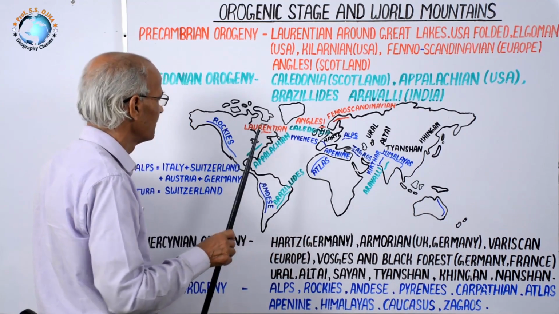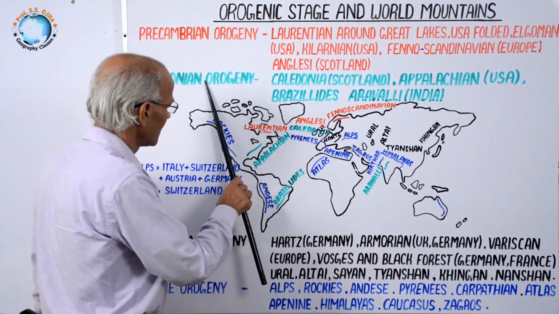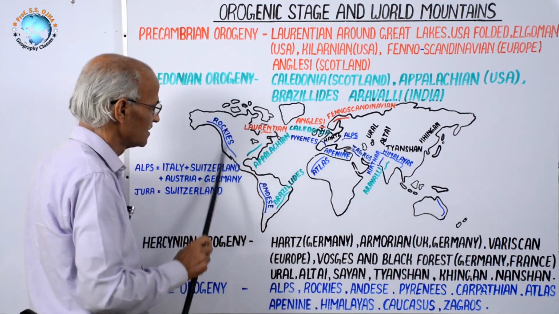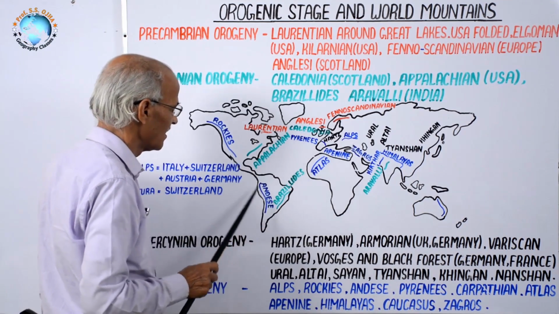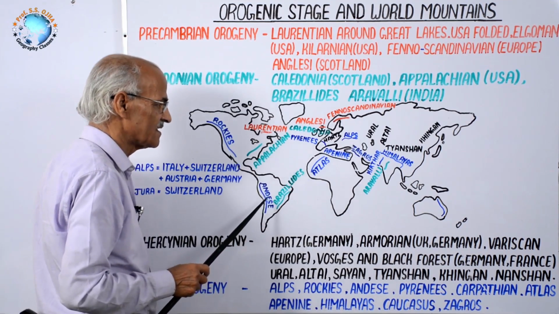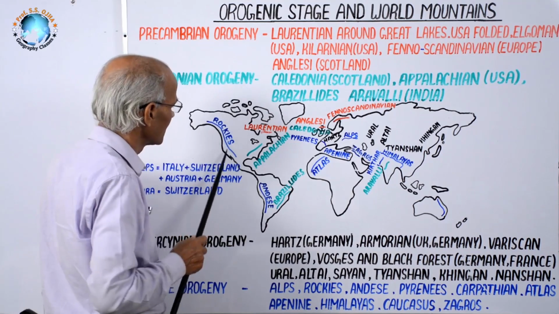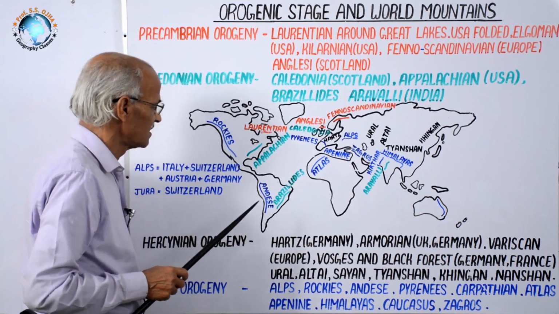At the same time, here Rockies and Andes mountains were also formed. Of the same period, alpine age, same age rocks. Why Rockies and Andes were originating?